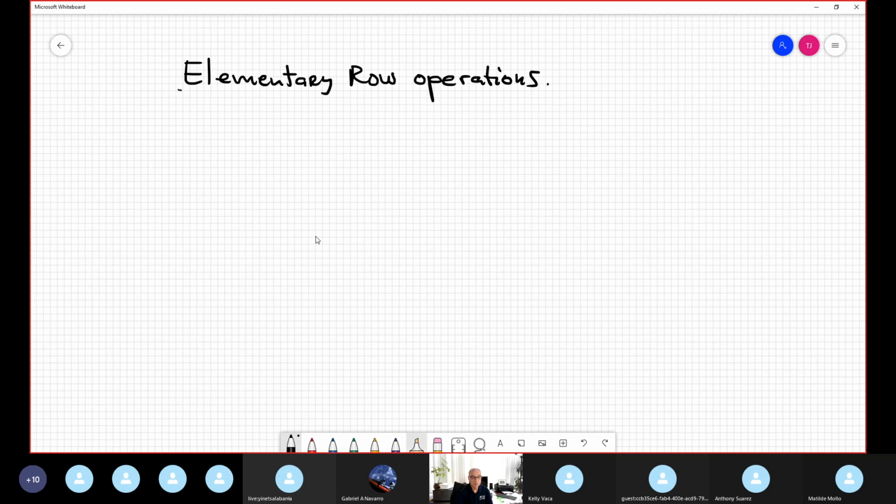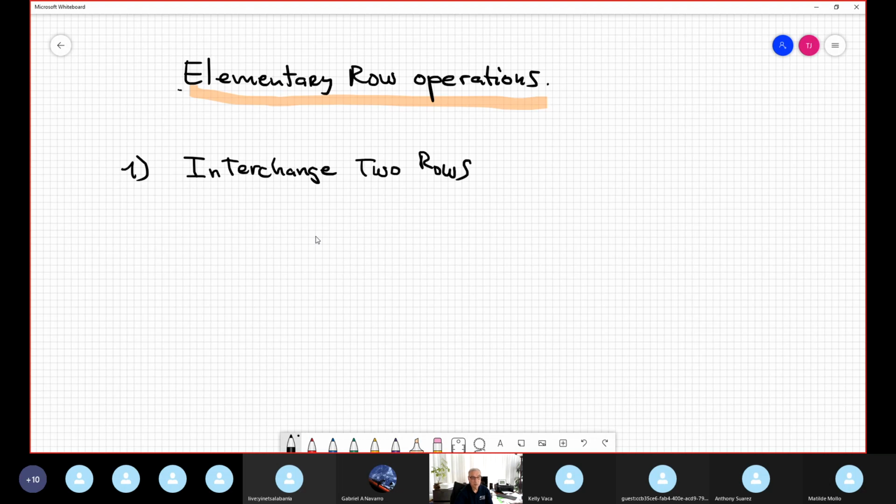Okay, the first one is called interchange two rows. Some software calls it swap two rows.